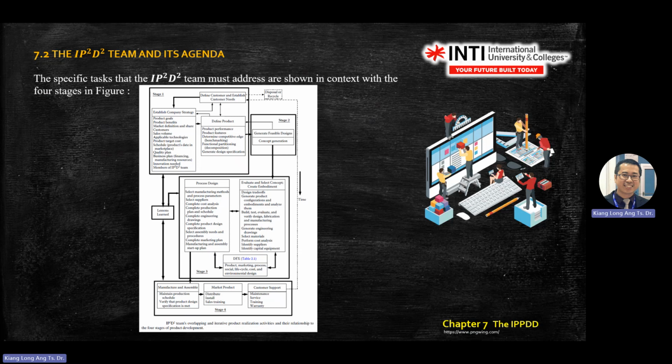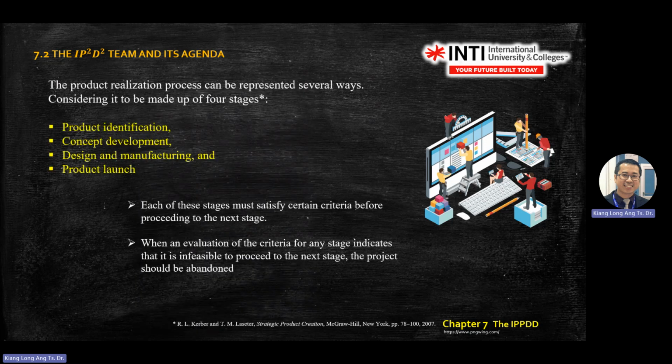Don't confuse this table with the product design flowchart that you learned at the beginning of chapter 7. This is on the product realization process.